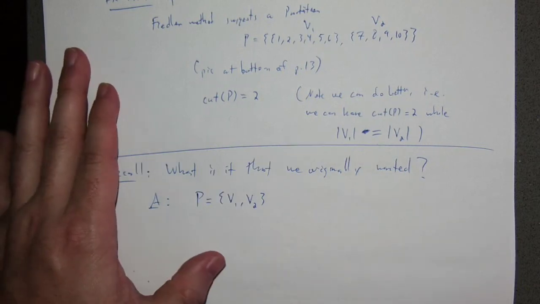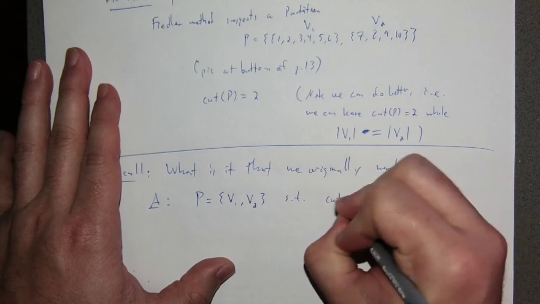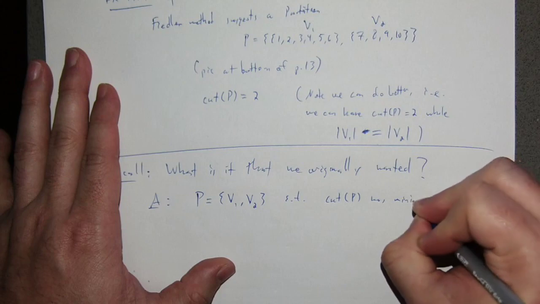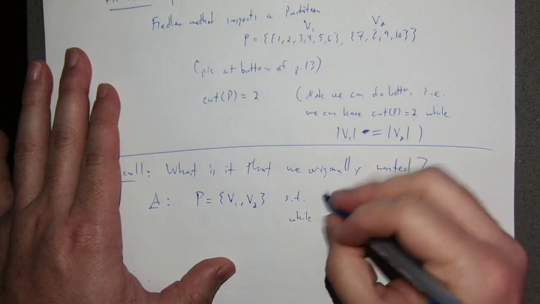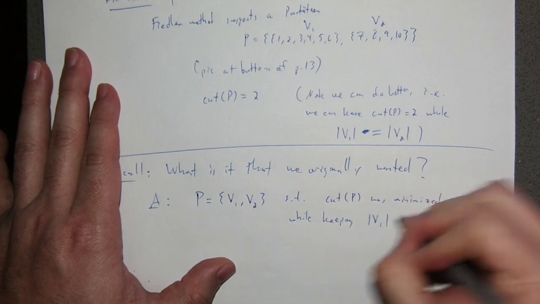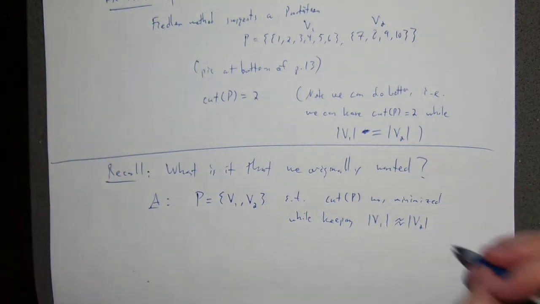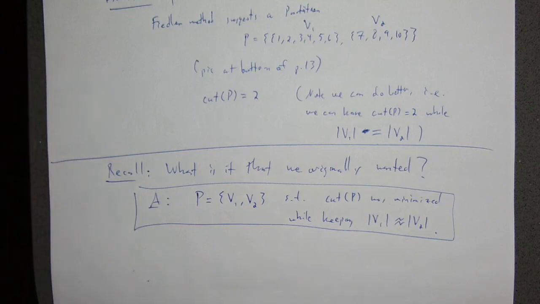So we wanted a partition such that cut P was minimized while keeping the size of V1 roughly the same as the size of V2. This was really what the Fiedler method was doing for us.